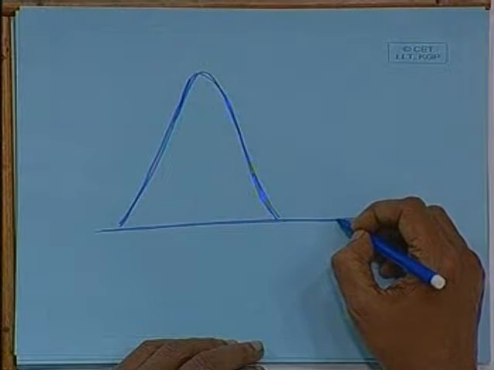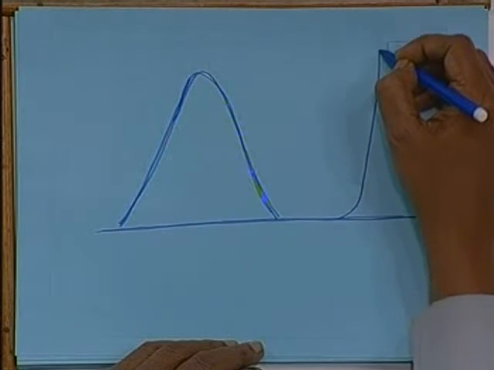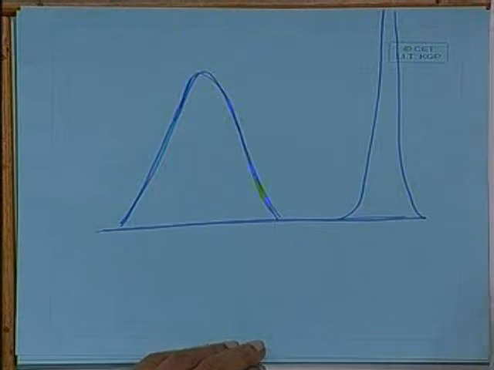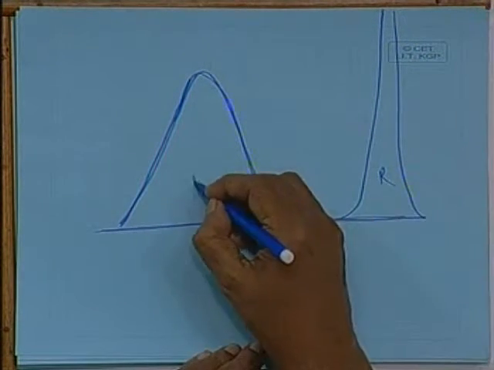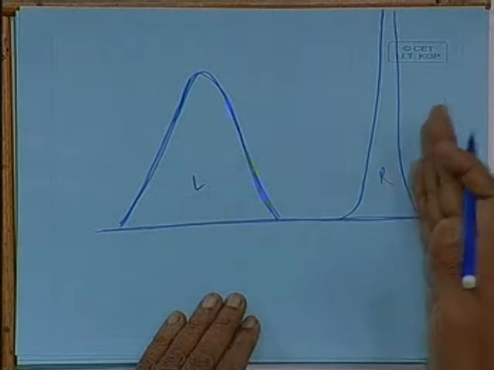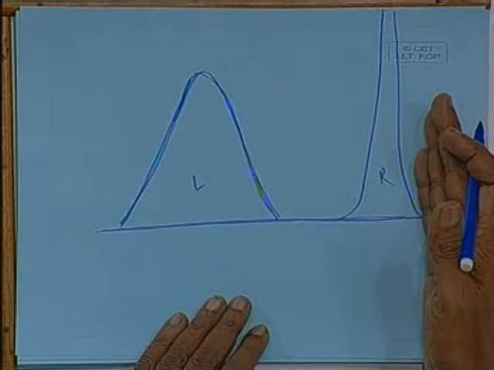So, if this was my resistance curve and this is my load curve, then my resistance is completely to the right of the load curve. My vessel is absolutely safe. But this is normally not the case.